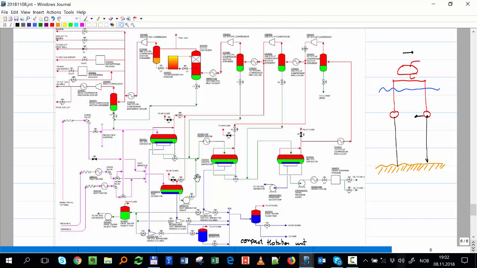Between them we have the test separator pump, the pump that we were talking about. Okay, so let's see what happens with the oil.